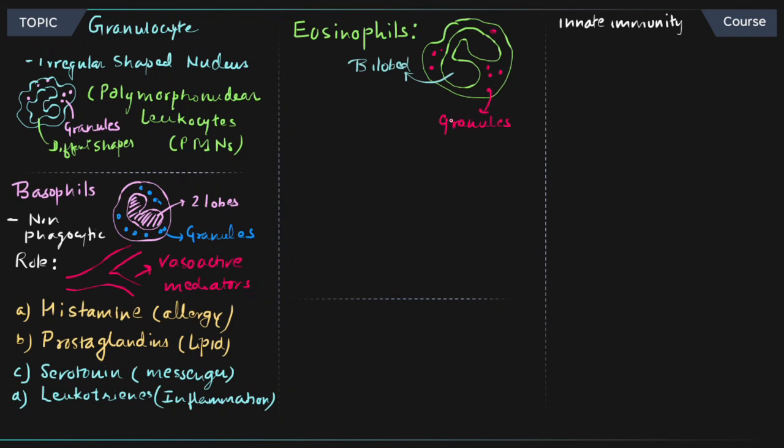It plays a very important role in the mucous membrane. These cells migrate to tissue, especially the mucosa, and their defense is associated with parasites: helminths, protozoans, those worms. They're the main target of eosinophils. If we talk about the different molecules associated with this, first is cationic peptides.